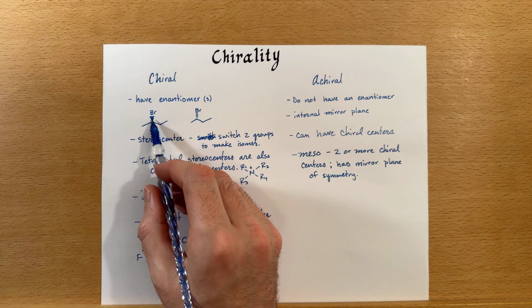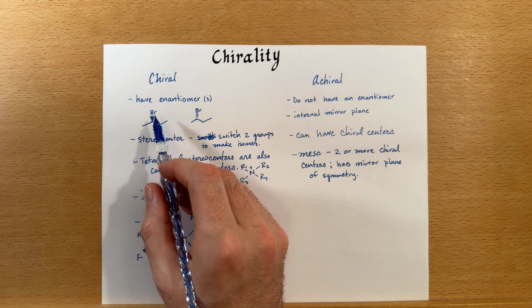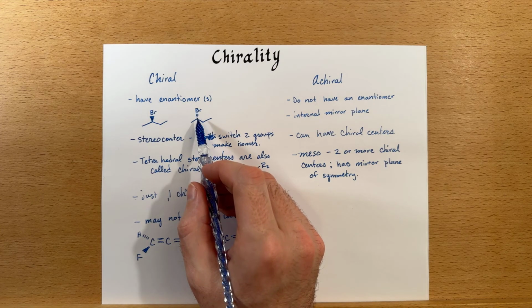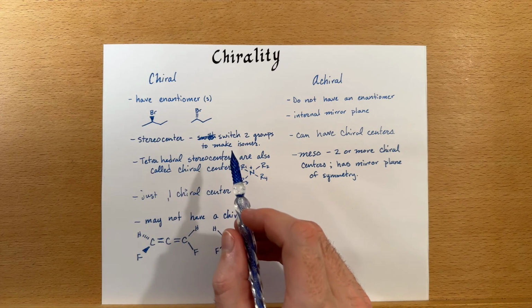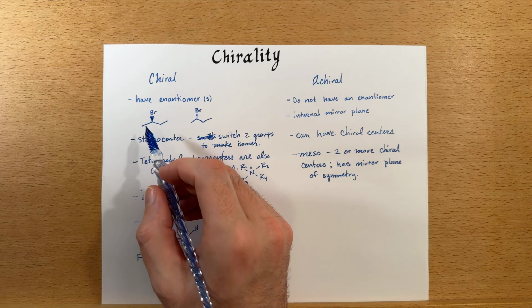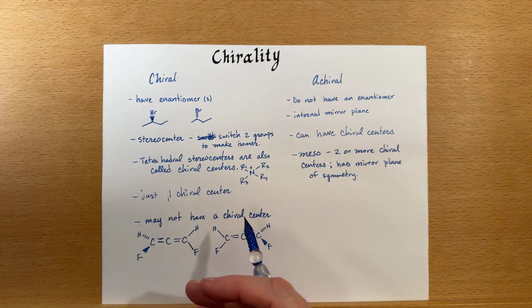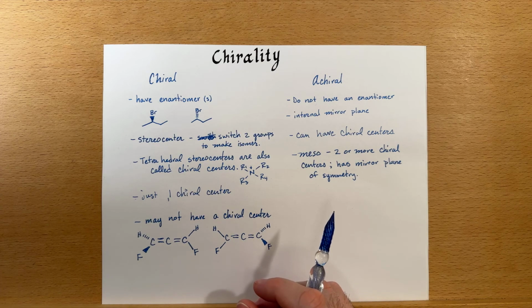In this case, for example, I've moved the position of the bromine and the hydrogen. And I can do that on a model kit by simply pulling the bromine and the hydrogen out and exchanging their positions. And that will generate the other enantiomer.